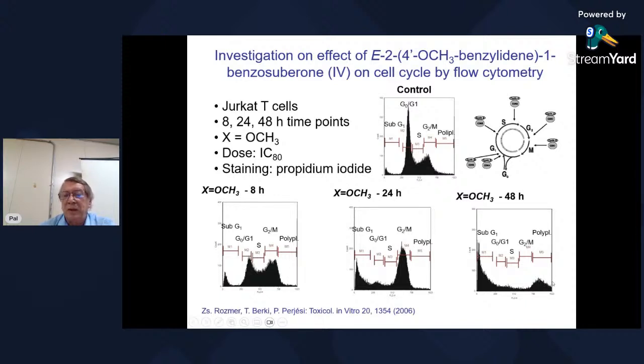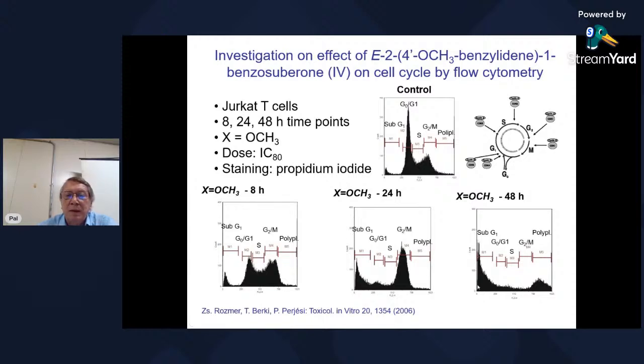That is why the DNA content is higher than in the normal cells, or the cells underwent apoptosis, which resulted in a lower DNA content.